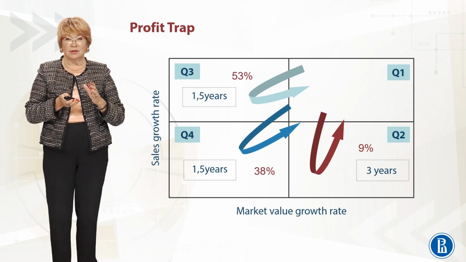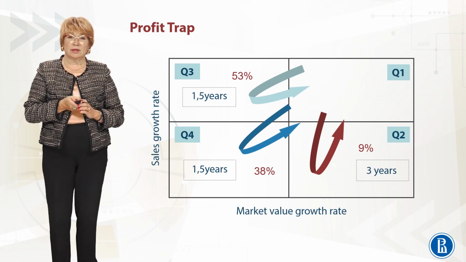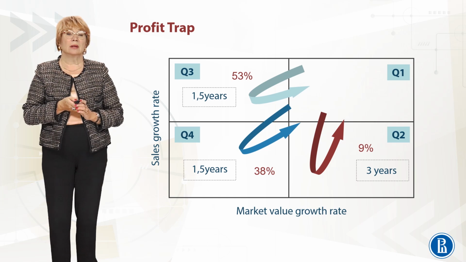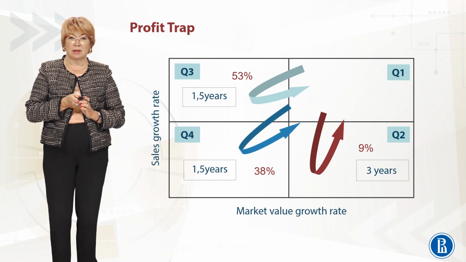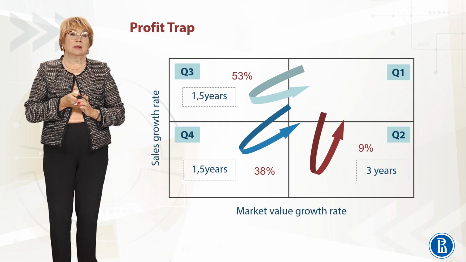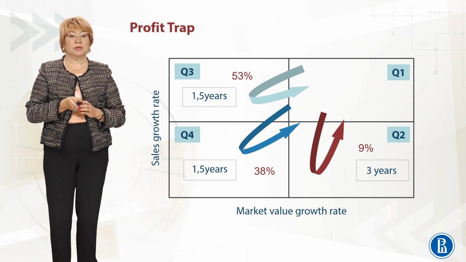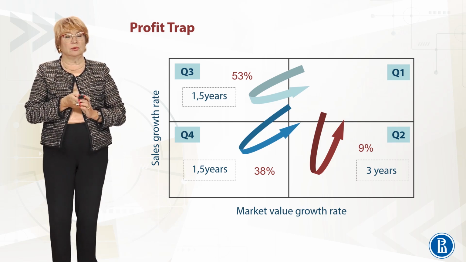So we can see here the first very important lesson. Even those companies who were in the best quadrant, which is Q1, who got the best type of growth, which is balanced, didn't stay all 10 years here. They moved somehow under the pressures of competition, of course, but many of those returned back.